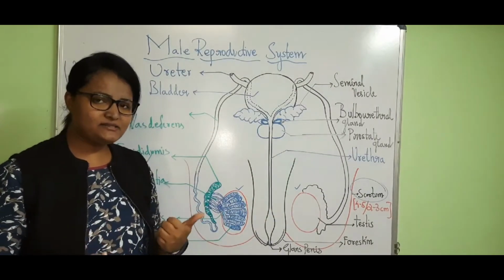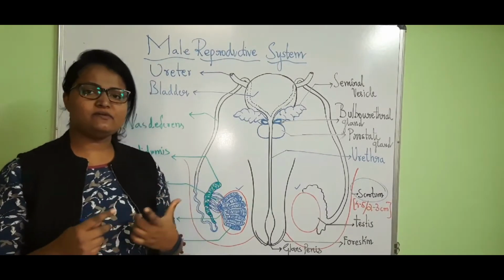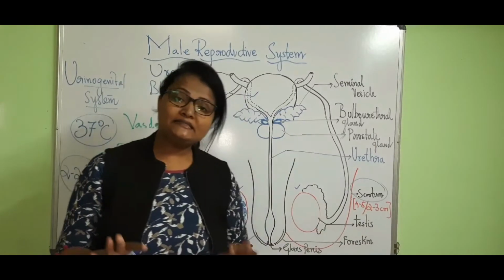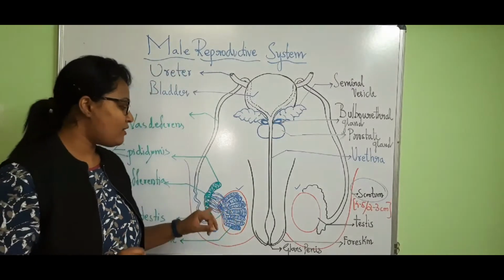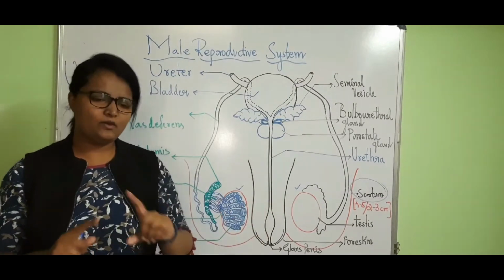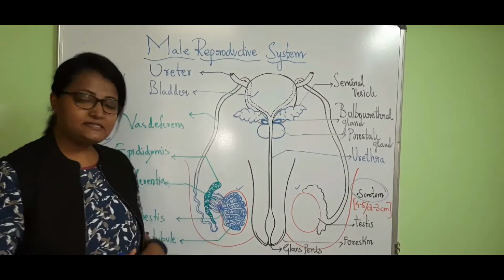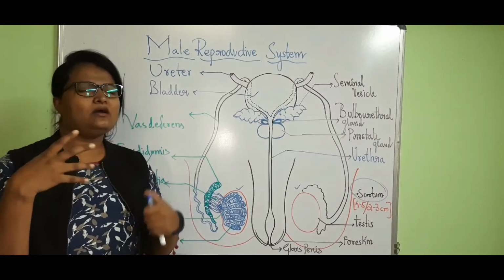Testes: the length of a testis is sometimes 4 to 5 centimeters, and the width is 2 to 3 centimeters. The shape is always oval. And this testis, we know, is made up of several coiled structures.